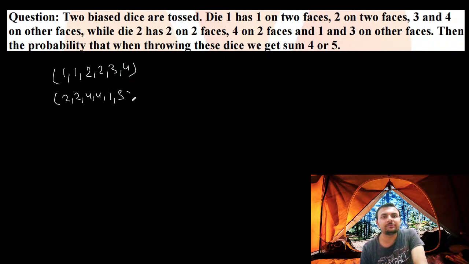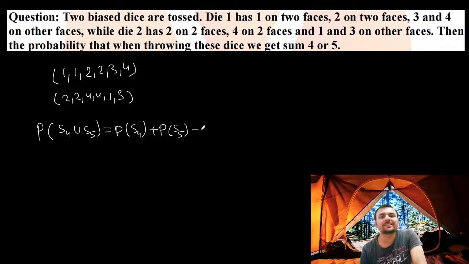Then the probability that when throwing these dice we get sum 4 or 5. We can write this as P(sum 4) plus P(sum 5) minus P(sum 4 intersection sum 5). When sum 4 occurs, sum 5 cannot occur, so this is 0. So we have simply P(sum 4) plus P(sum 5).